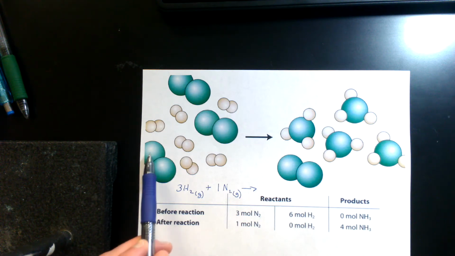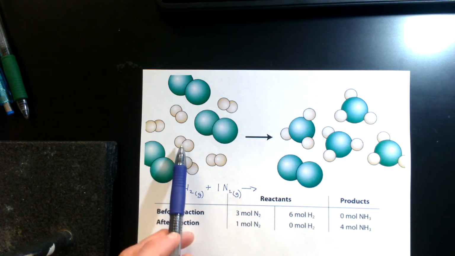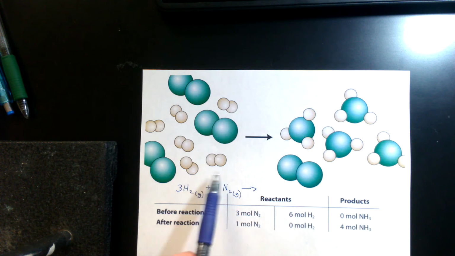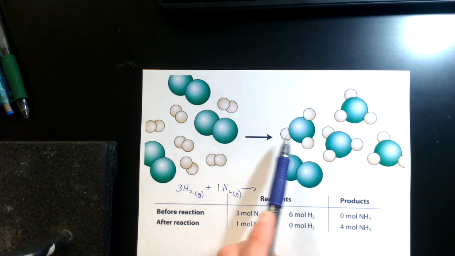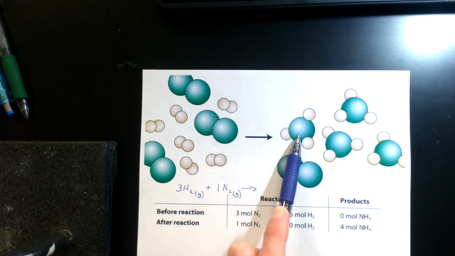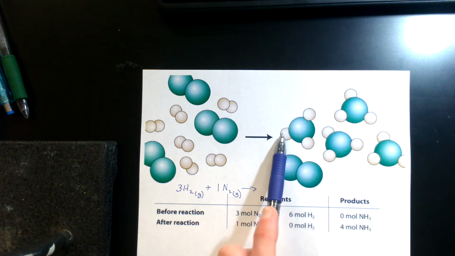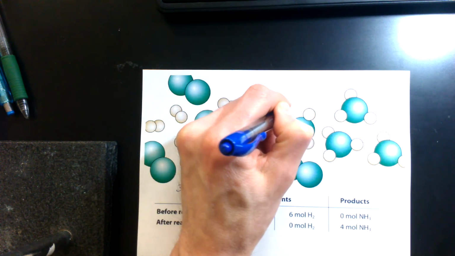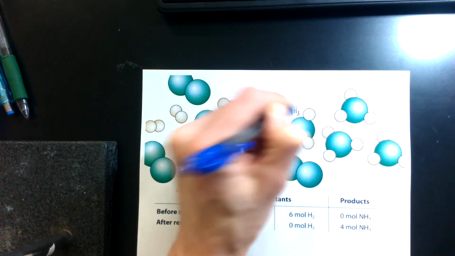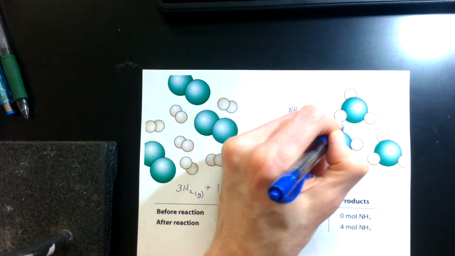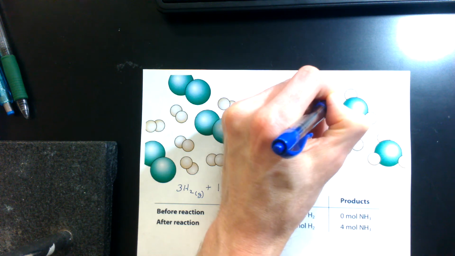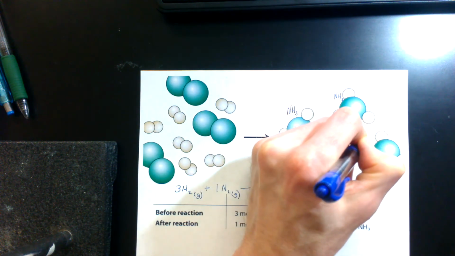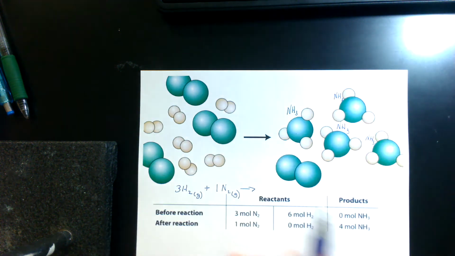Okay, so these react. The nitrogen and the hydrogen molecules here split apart. You can see that the nitrogen then collects 3 hydrogen atoms to become an ammonia molecule here, and we make 1, 2, 3, and 4 of these ammonia molecules.